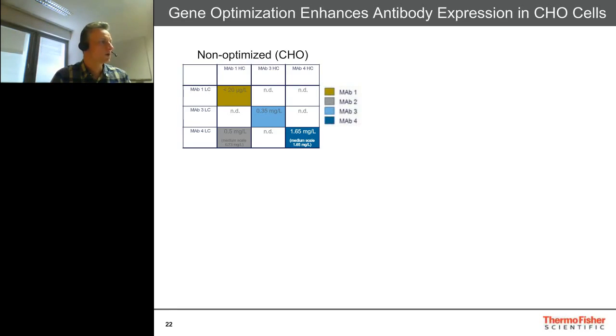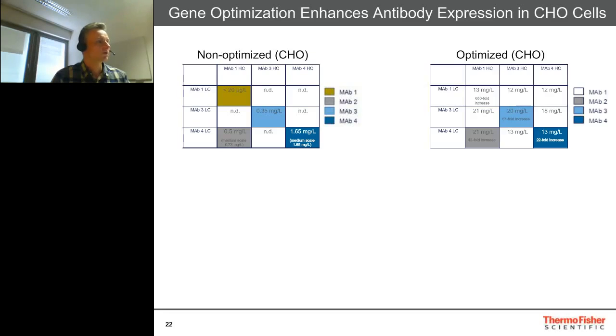They wanted to combine heavy and light chains to get different antibodies, and they didn't succeed in expressing them all. Only one antibody was expressible with the wild type genes. Then they ordered optimized genes, and this turned the project into a possible project, because then they could express the combinations of heavy and light chain antibodies nicely.